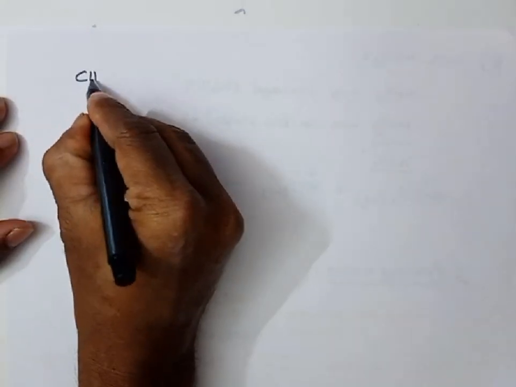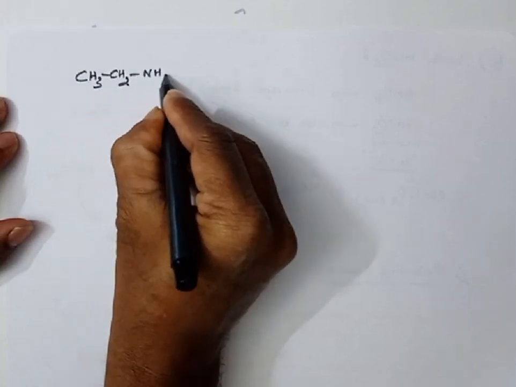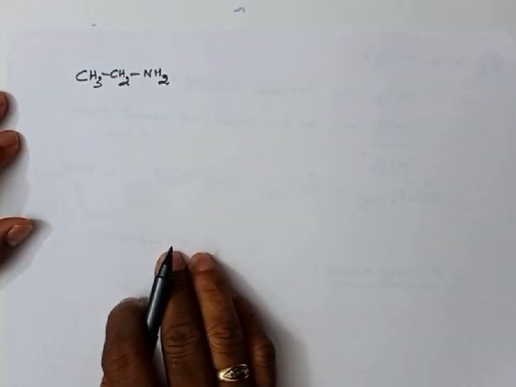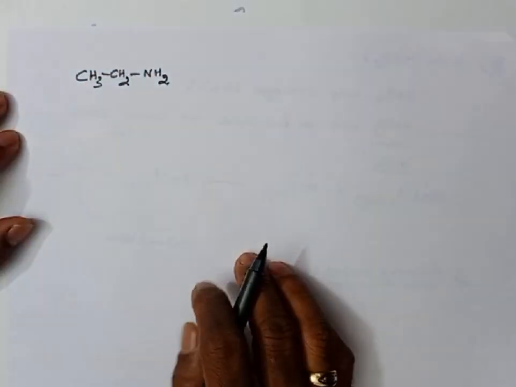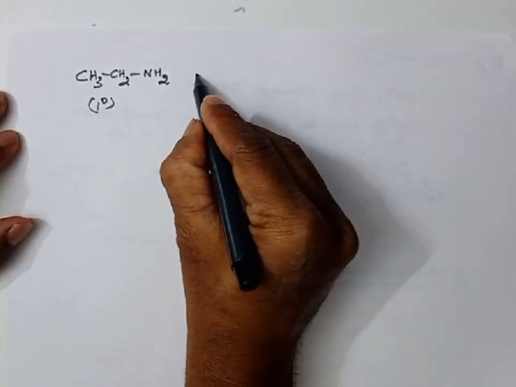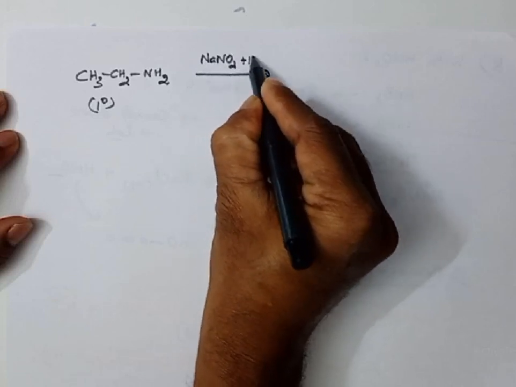What happens with the aliphatic primary amine? Listen, student. I'll take a primary amine, say for example CH3CH2NH2. Ethanamine. I took ethanamine. It's an aliphatic primary amine. It's a 1 degree amine. Now what I'm going to do? I'm going to mix sodium nitrite and HCl.